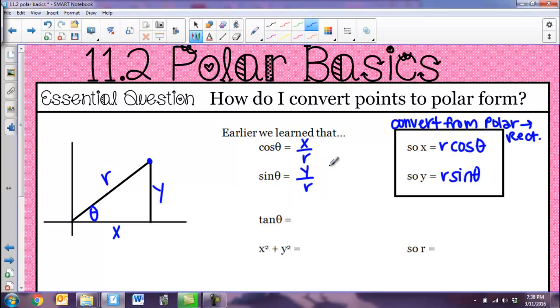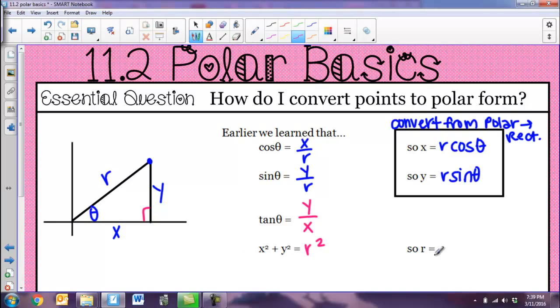Now, if we continued on and finished filling out my chart, tangent of theta is again going to be your opposite over your adjacent. So I'd have y over x. So that would be that last ratio here. We also know that with the Pythagorean theorem, if I took x squared plus y squared, since this is a right angle, that my hypotenuse squared would get me this, Pythagorean theorem.